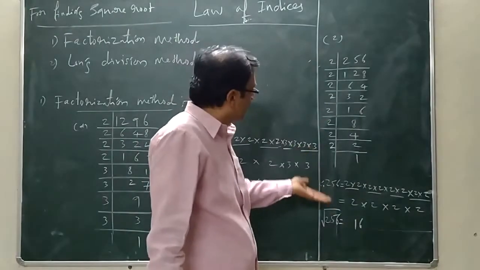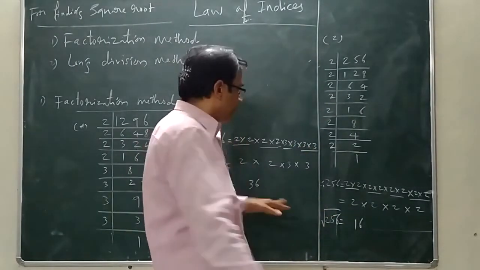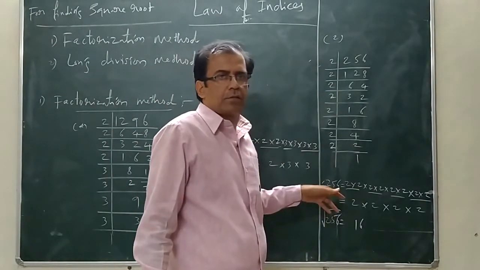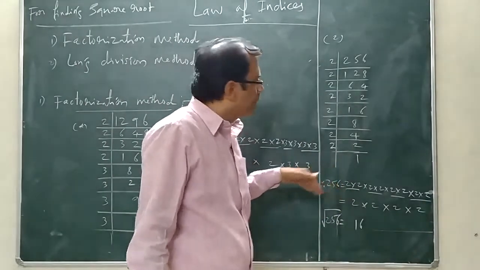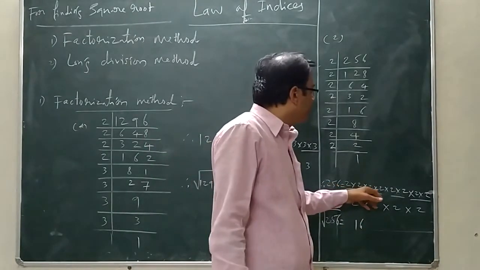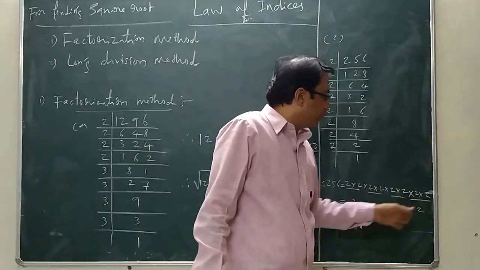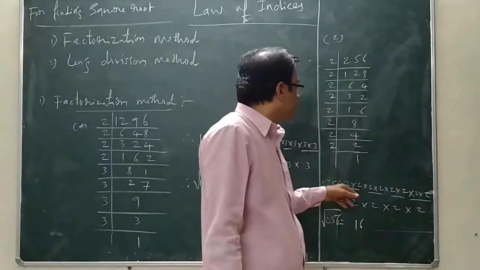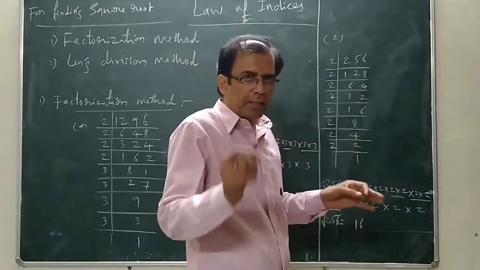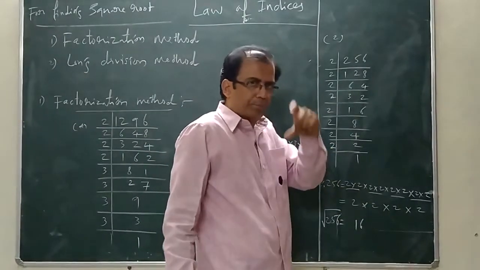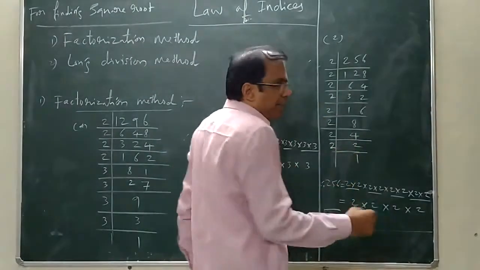After getting all these, again we have to do the same previous step. You write down all the factors you got. That means 2 into 2 into 2 into 2, again 2 into 2 into 2 into 2. So in total you are getting 8 twos. In that way again you have to make pairs and take one from each pair.